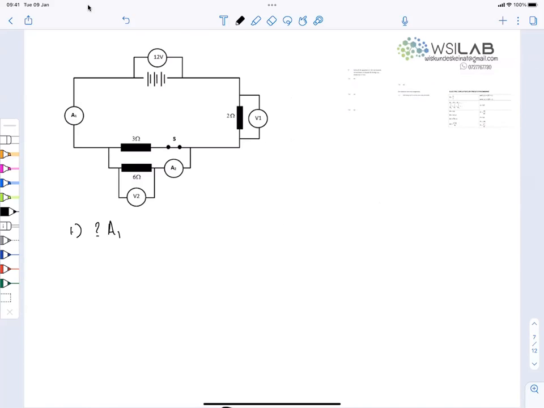But I would recommend getting the total resistance first, and then you get the reading in A1 for me. If they don't ask you to calculate the total resistance, you can just do it straight, as part of your sum.